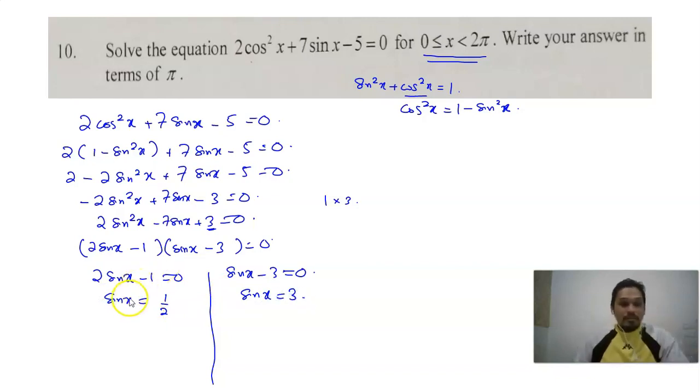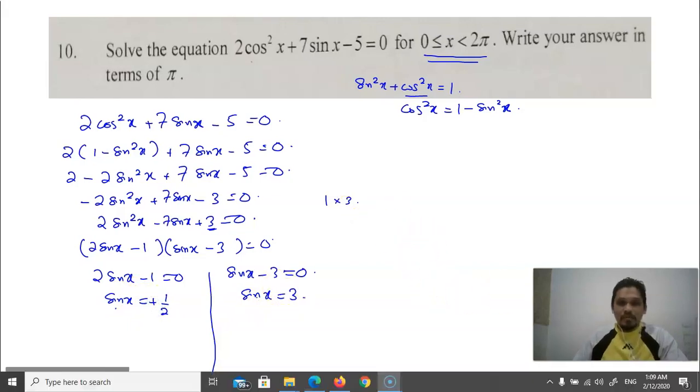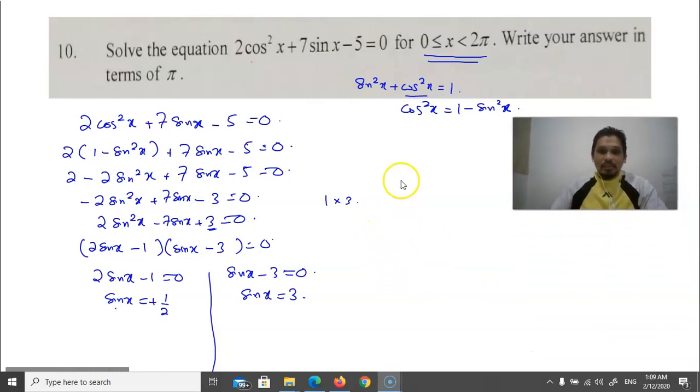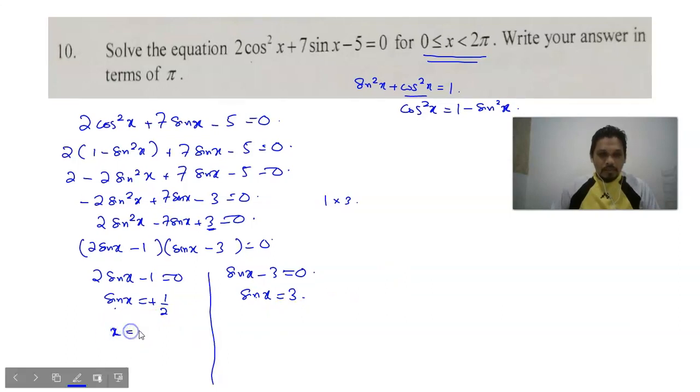So look at this one here now. Both sine of any angle equal to positive, so in both of these cases we are talking about the angle in the first and the second quadrant. But before that, let's find out the basic angle. x equal to arc sine of 1 over 2, 1 divided by 2, which is 30 degrees.